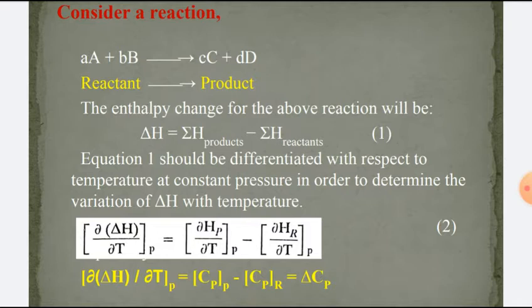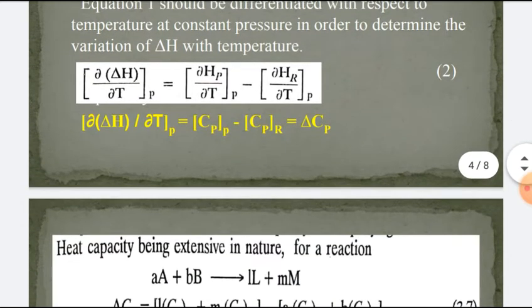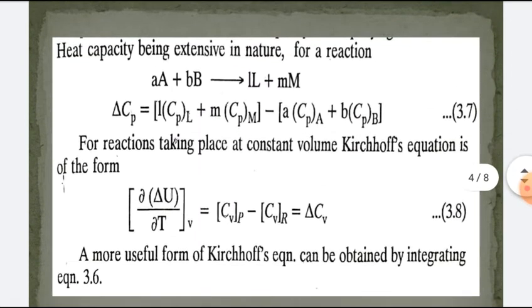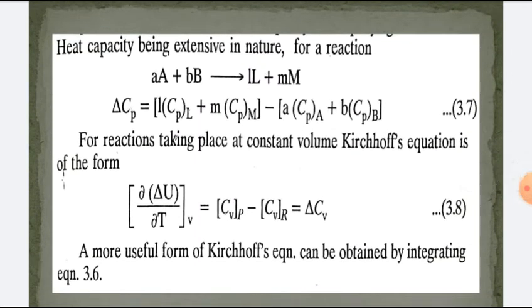Equation 2, since we know that del delta H, the change in enthalpy with change in temperature at a constant pressure, is equal to heat capacity at constant pressure. So this equation may be written in this form: delta Cp, the change in heat capacity.